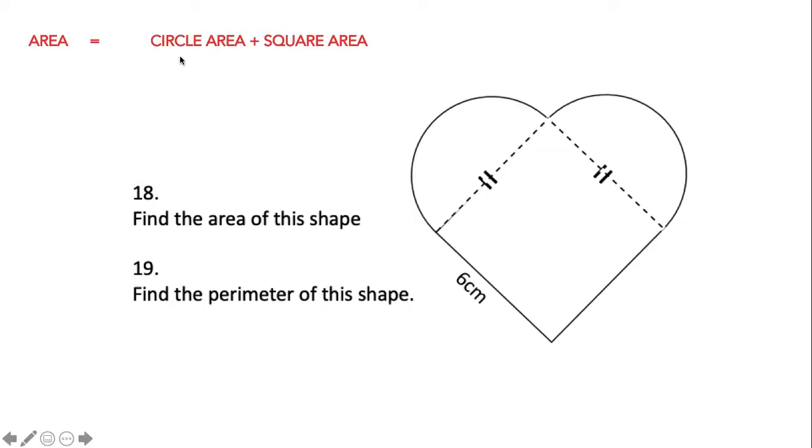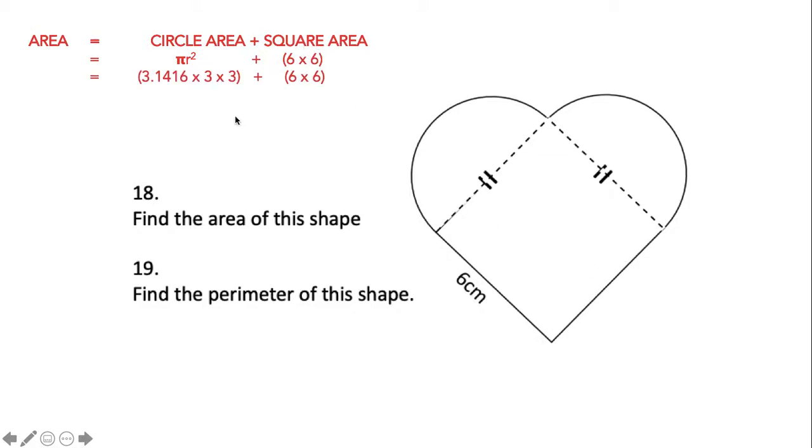So the area of the whole thing is the area of a circle, which is made from 2 halves, plus the area of a square. The formula for the area of a circle is pi r squared, where pi is 3.14159 and so on. R is the radius, and the radius of this circle, well, if that's 6 all the way across, then the radius is 3. And then the square area is just 6 times 6.